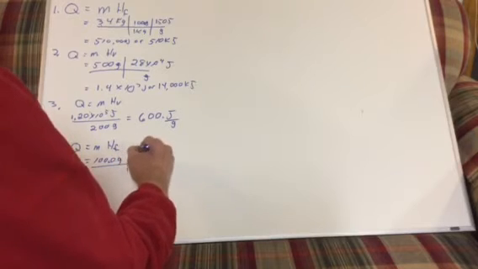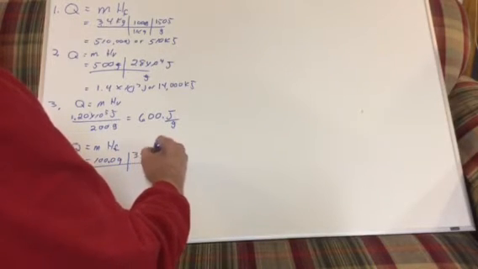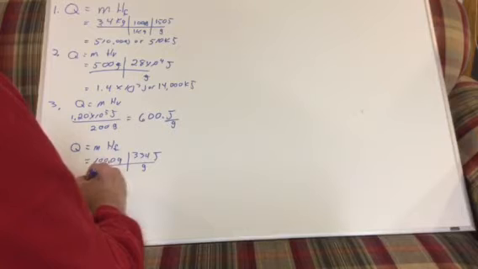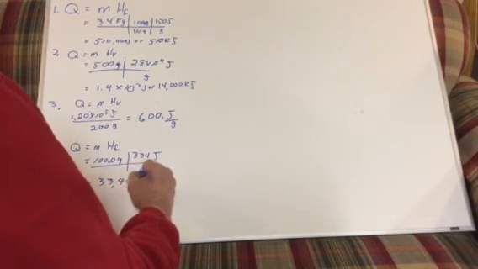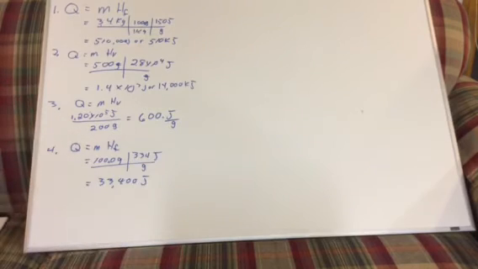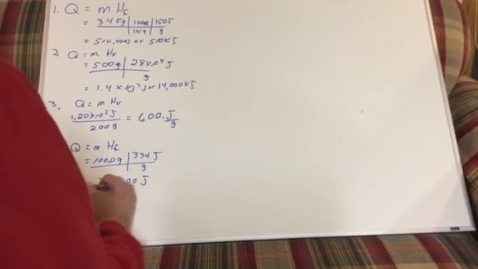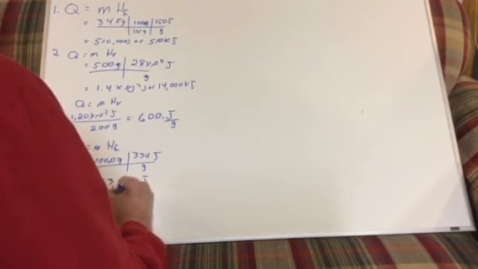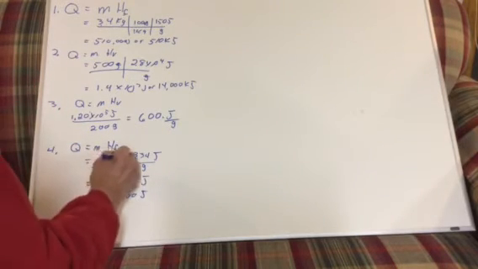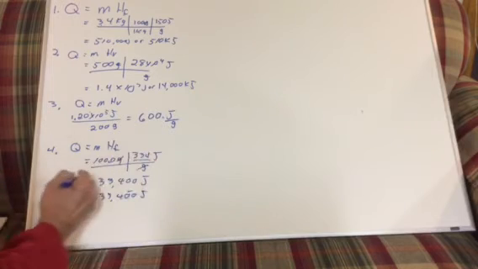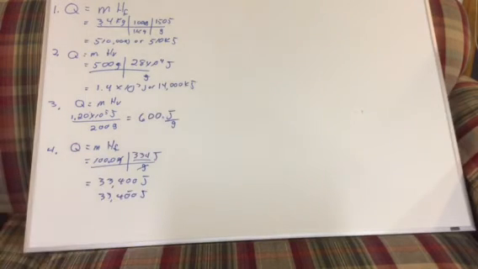Heat of fusion for water is 334 joules per gram, equals 33,400 joules. If some of you wanted to have 33,000, the bar over that J, I would also accept that, because this is a conversion factor and that had 4 significant digits in it. So we go with that particular one.